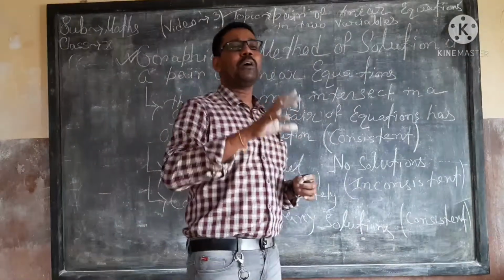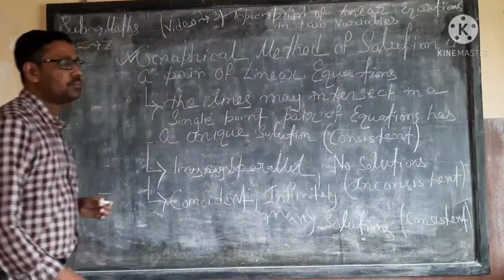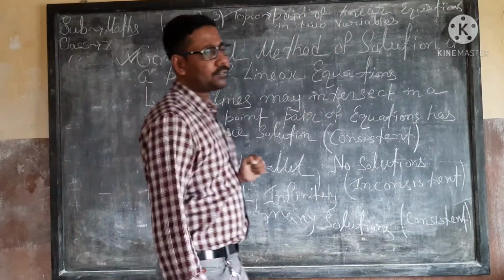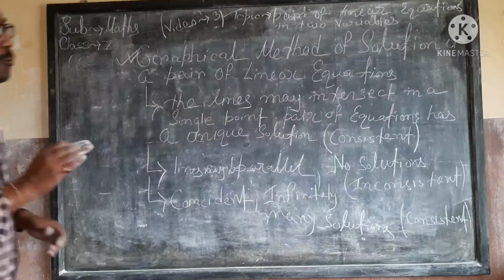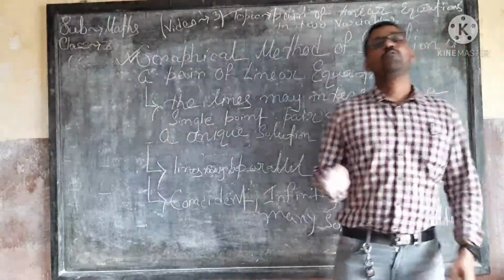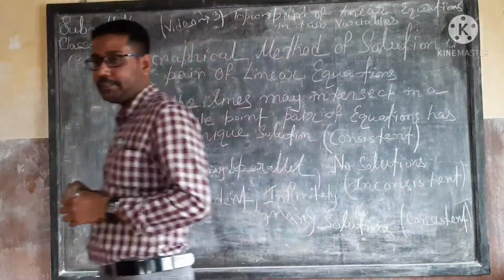So with the help of this concept, in this subtopic we find the solution of a pair of linear equations in two variables with the help of the graphical method.